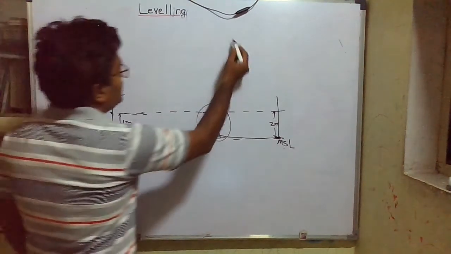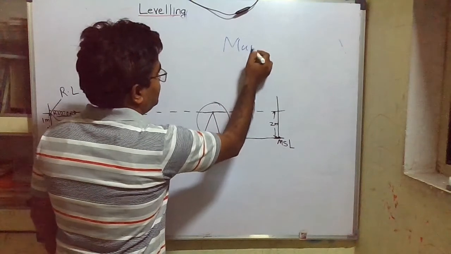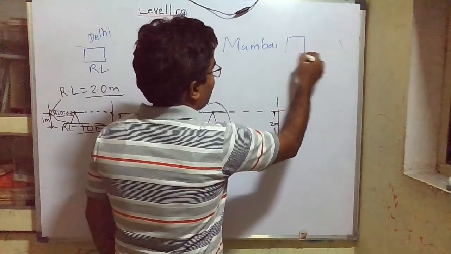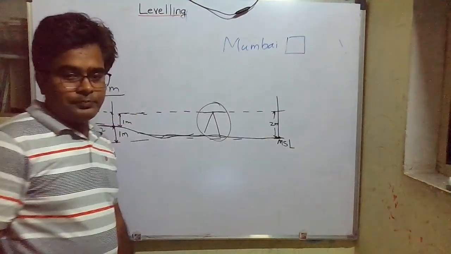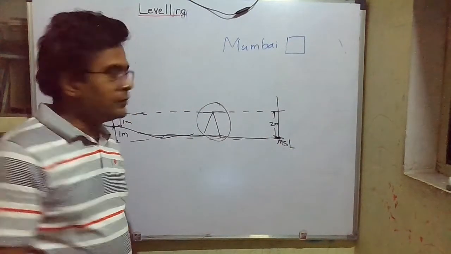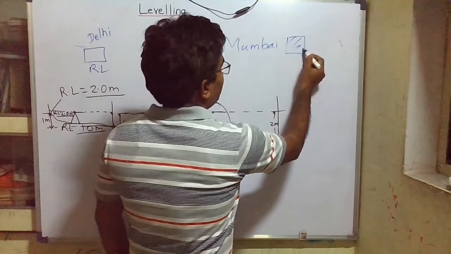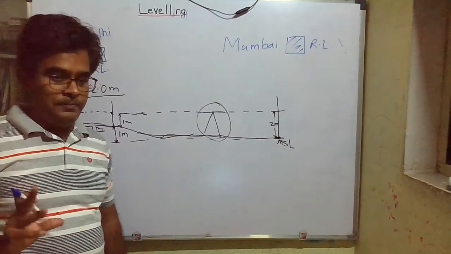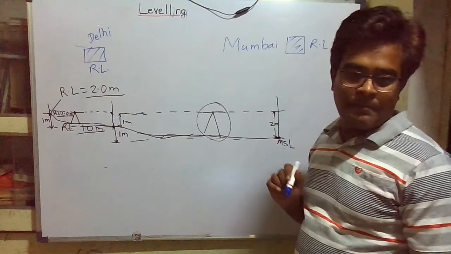There is some point in Mumbai near Gateway of India, and we have found the RL of that point. RL is the vertical distance from the datum, all over the different cities in India.